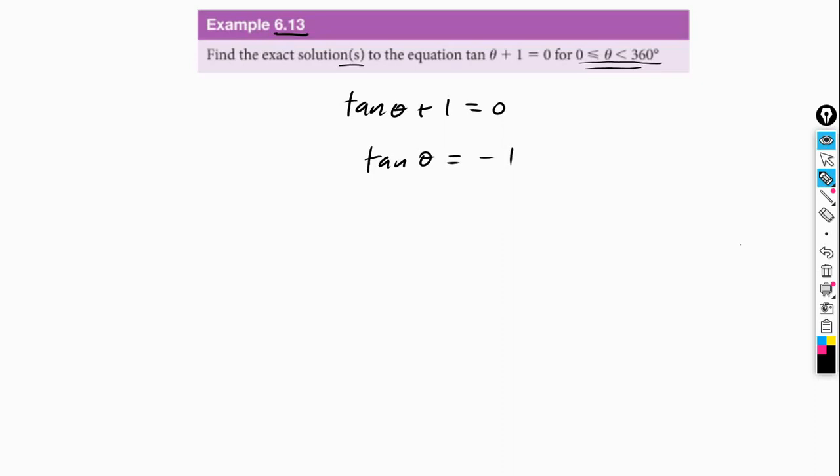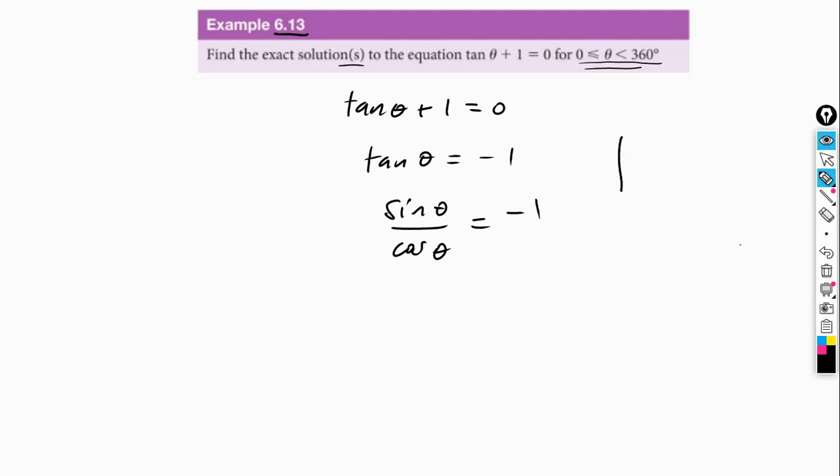Now, remember that tangent is the same as sine over cosine. So where is sine over cosine equal to -1? Now, this only happens when the values for sine and cosine are the same. And remember that that happens only for angles that are 45 degrees.